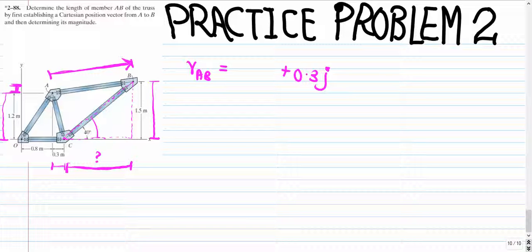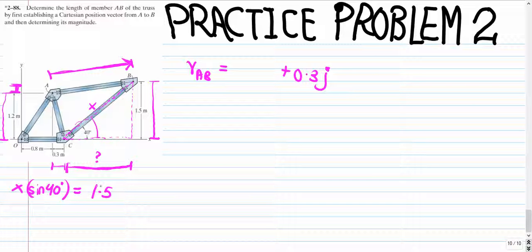First of all, we can find this diagonal length, this hypotenuse length right here, by using the sine of 40 degrees identity. This hypotenuse length is x. So this length x multiplied by sine of 40 degrees should give us 1.5.